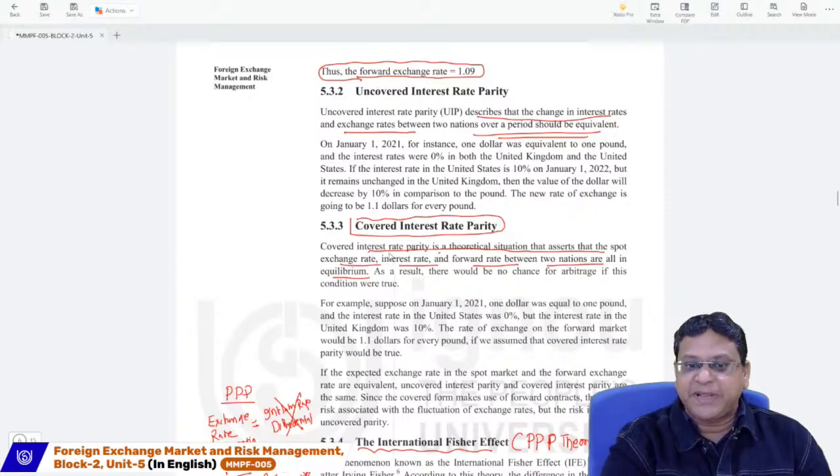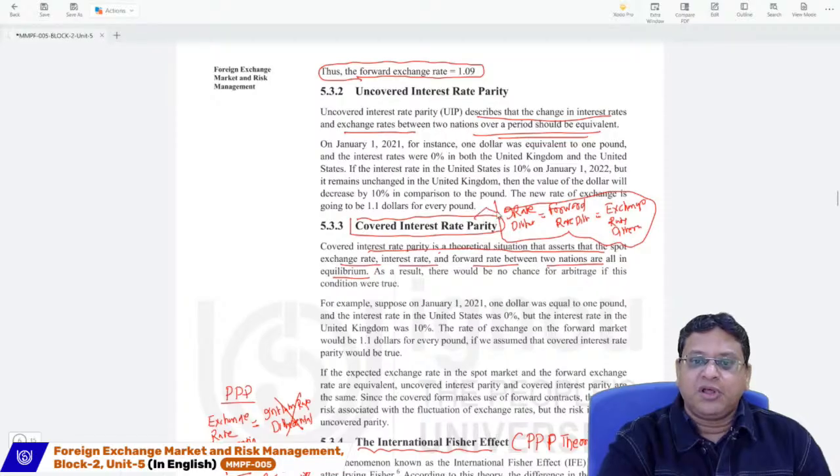So covered interest rate parity tells that interest rate differential should be equal to forward rate differential, which should be equal to exchange rate differential. All three things must be in parity. This is the concept of covered IRP.